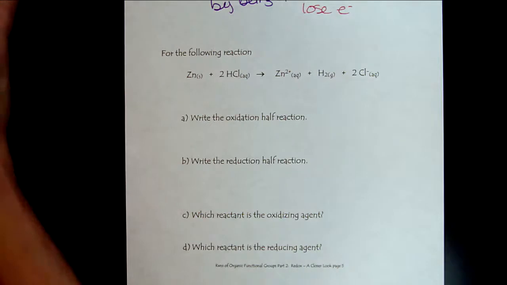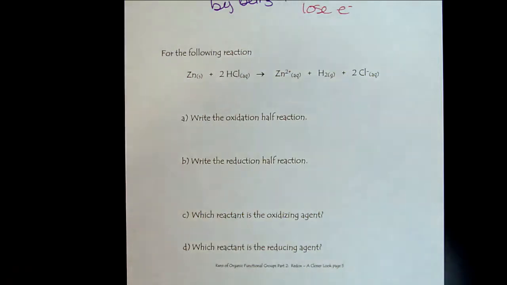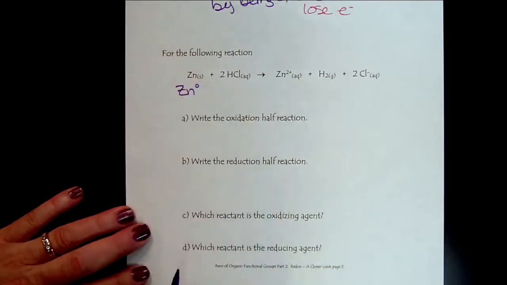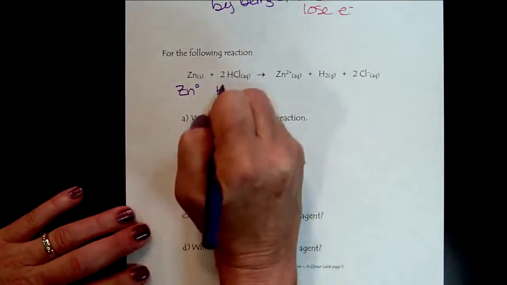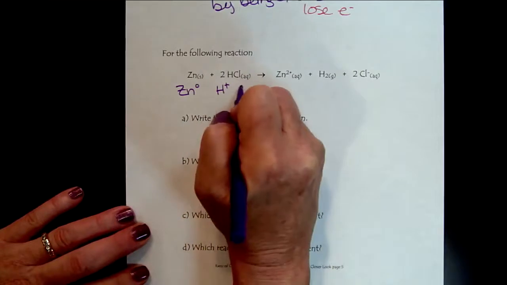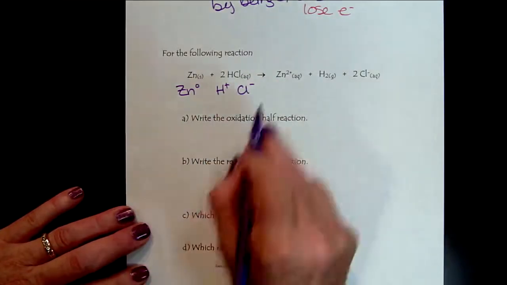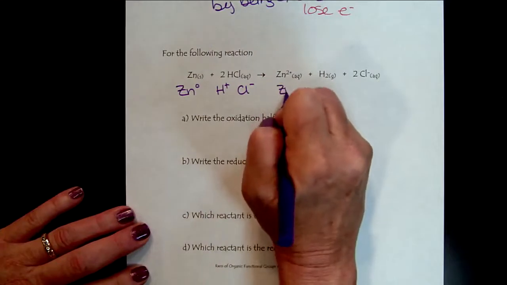All right? So remember, from the very beginning of this video, step 1 is we need to determine the oxidation states of every element. Zinc, it's easy. It's pure. Hydrogen, +1. Halogens, -1. Wow, this has been really easy so far. Zinc, +2.